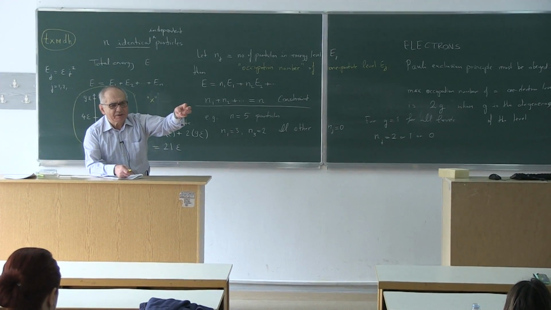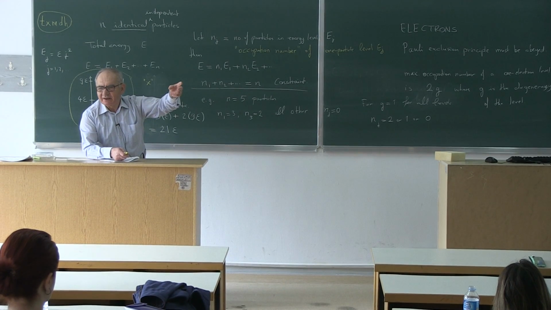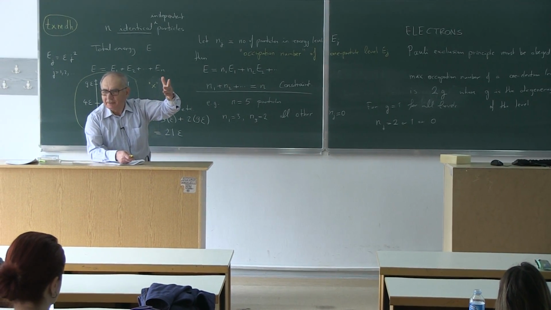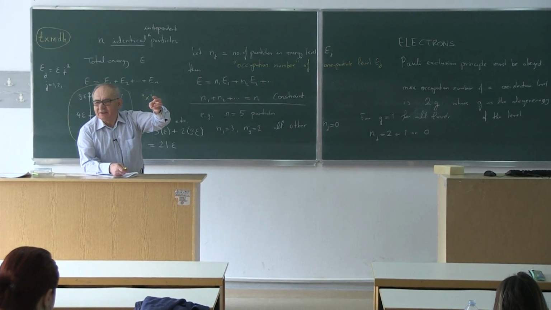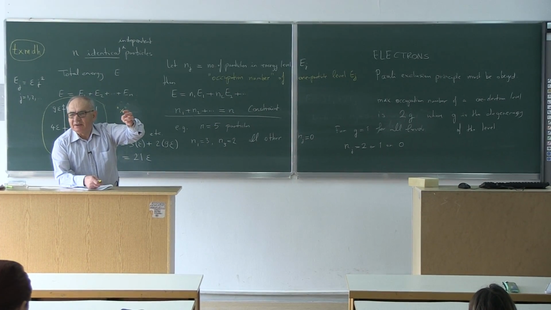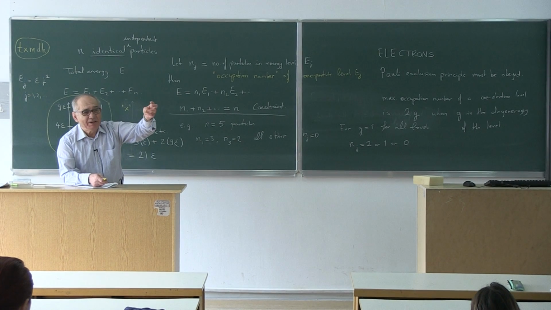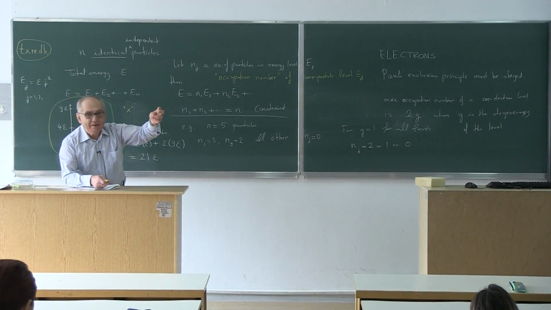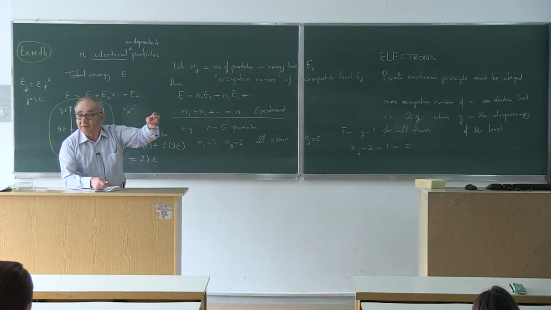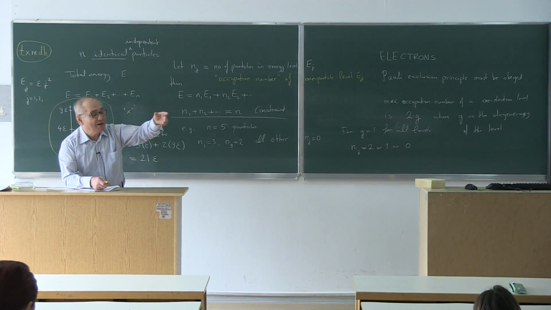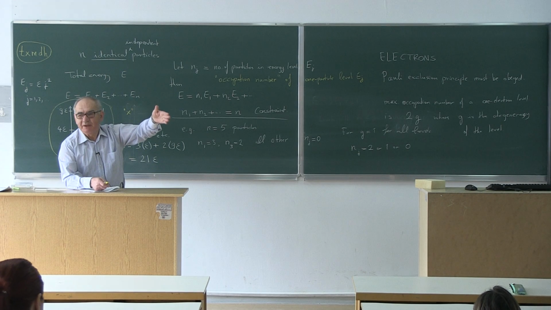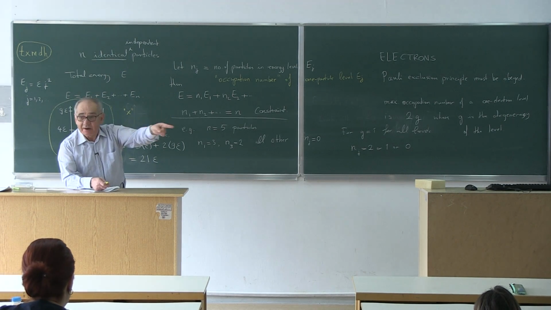There are s orbitals, there are p orbitals, there are d orbitals, and so on. S orbital is non-degenerate, but p orbitals are degenerate because there are, how many p orbitals are there? 3 p orbitals. We usually call them px, py, pz. There are 3 orbitals.